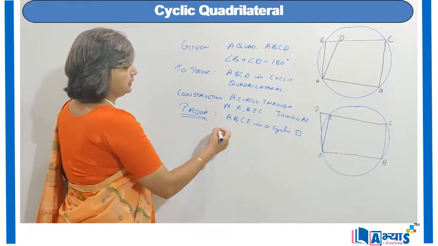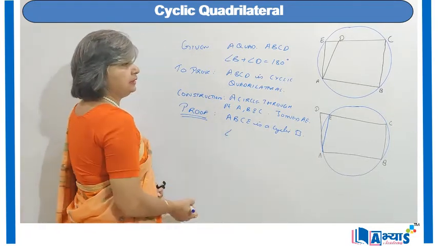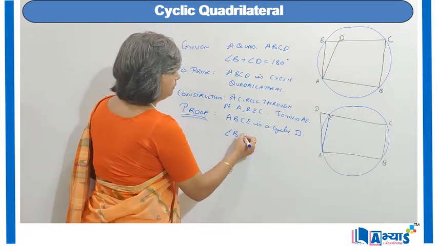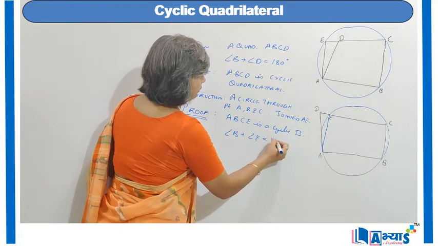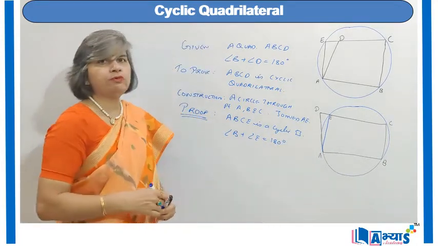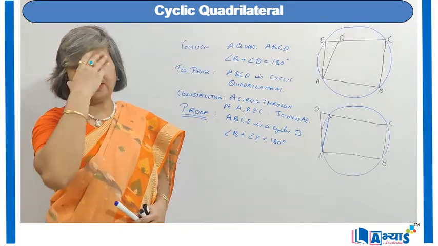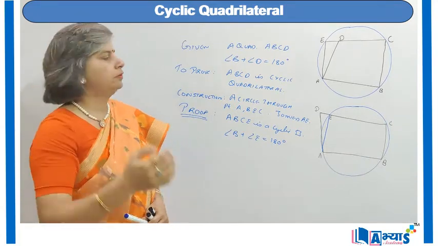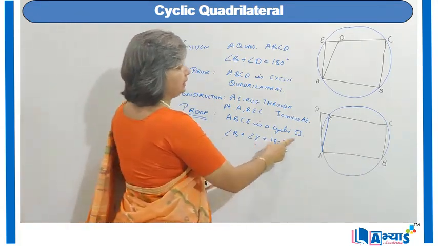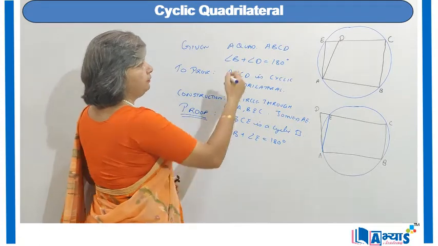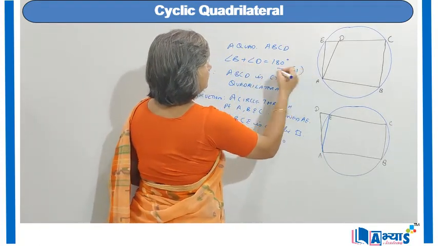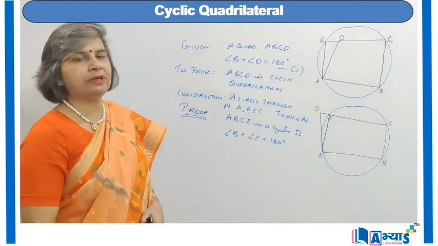So because ABCE is a cyclic quadrilateral, angle B plus angle E will be equal to 180 degrees, because the sum of opposite angles of a cyclic quadrilateral is equal to 180 degrees. We were given that angle B plus angle D was 180 degrees.